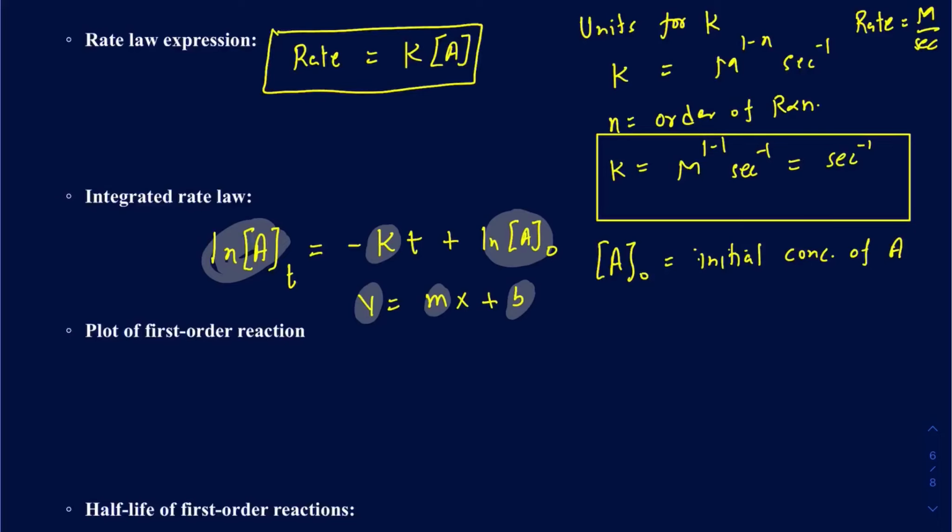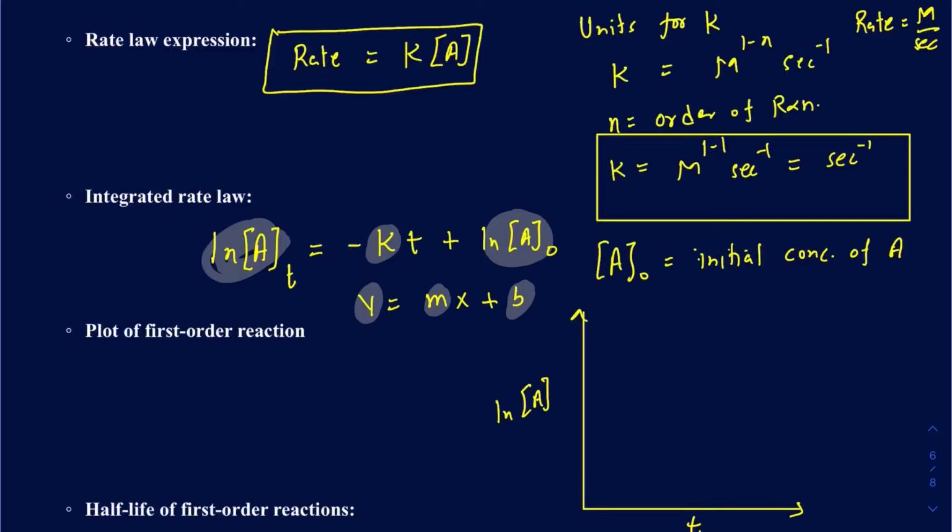Now if I want to plot this, I'm going to have natural log of A_t, or concentration, on the y-axis, and your x-axis is always going to be time. So it's going to be extremely important to understand, when you're dealing with first order, second order, or zero order reactions, which particular variables you plot and what your plot looks like.